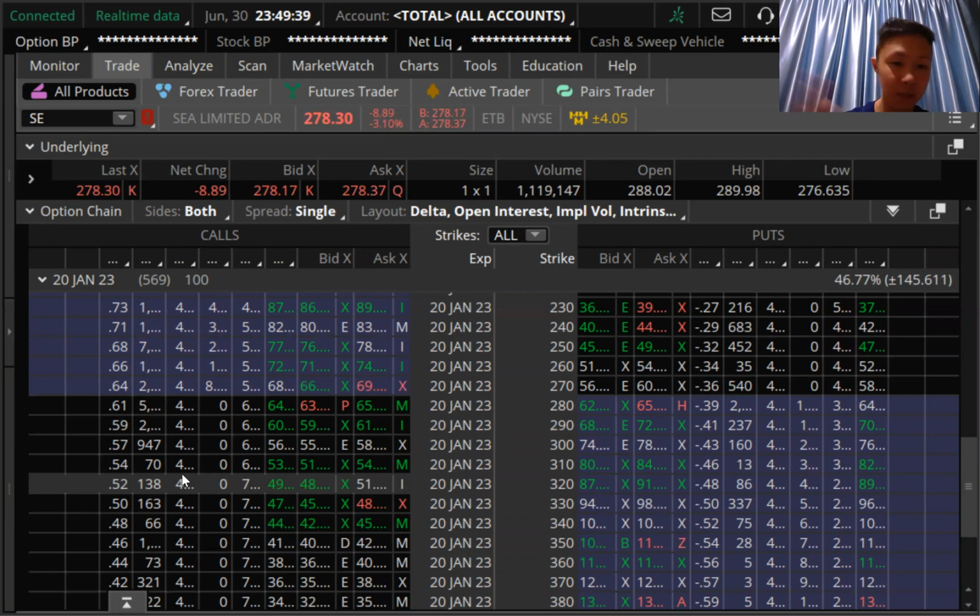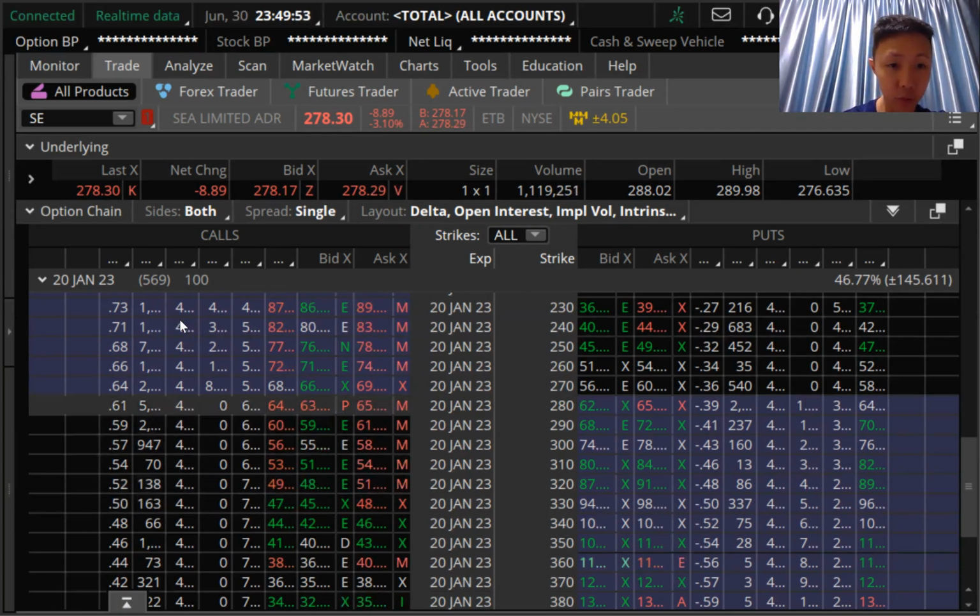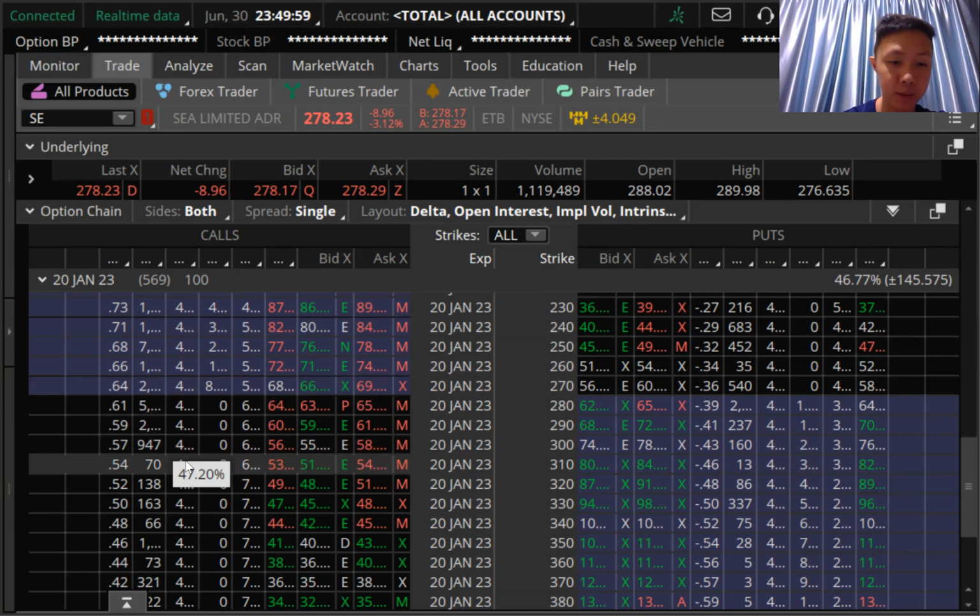But 60 and above, I will not touch. If I want to leverage, if I want to take advantage of the stock upward movement, I will buy the stock instead of buying LEAP call. So I acknowledge that I'm taking a little bit of risk by buying 40 something plus IV.